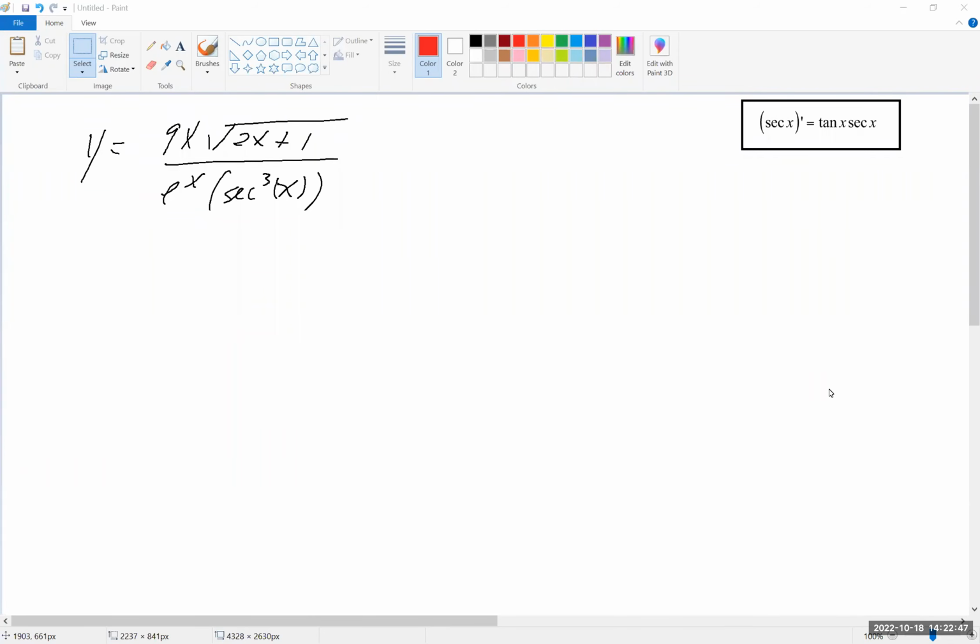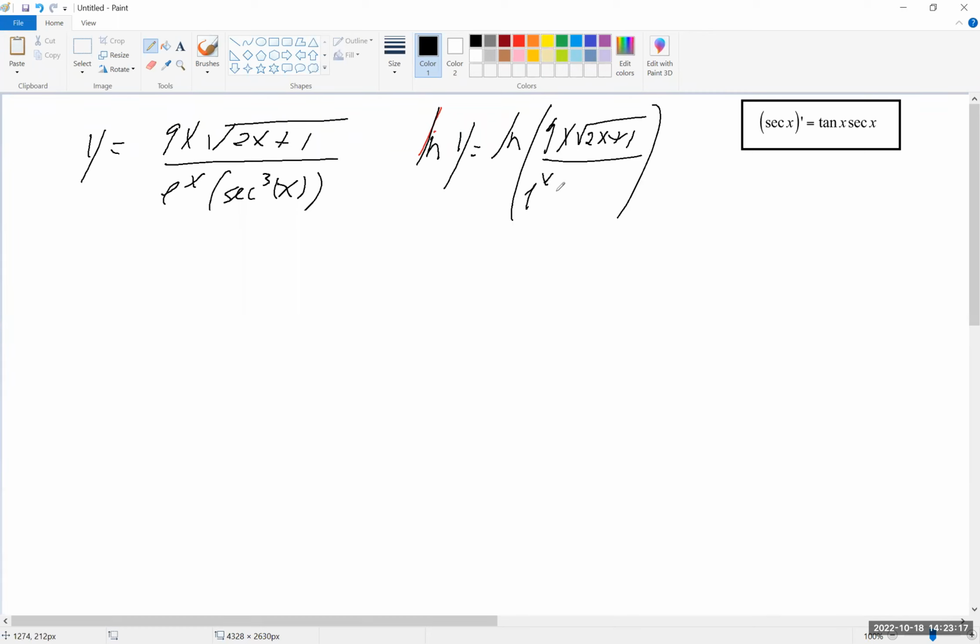Okay, so this is another logarithmic differentiation problem that we're asked to do. So I'm going to immediately, and I'm going to try to use all the space I have here, go ahead and take the natural log of y and take the natural log of the other side, which is 9x square root of 2x plus 1 over e to the x secant cubed x.